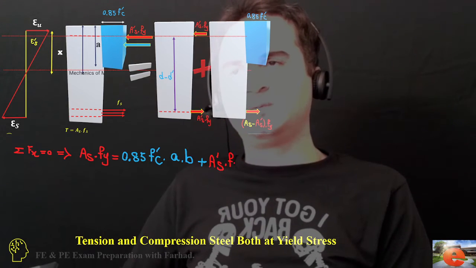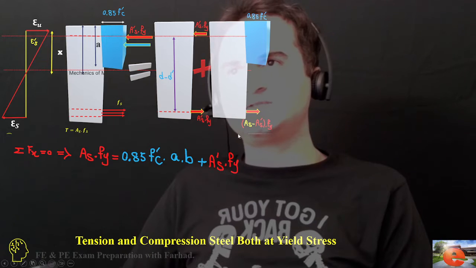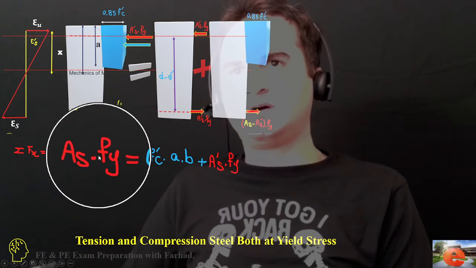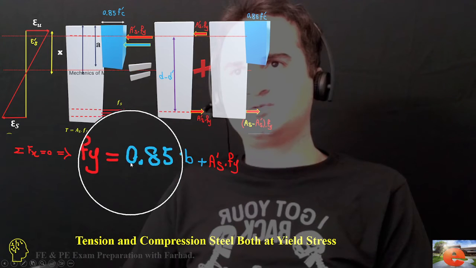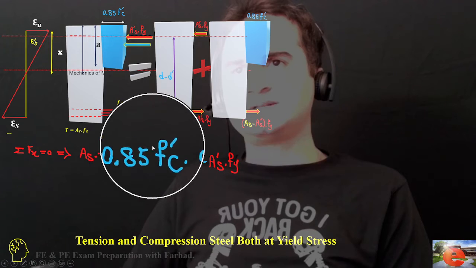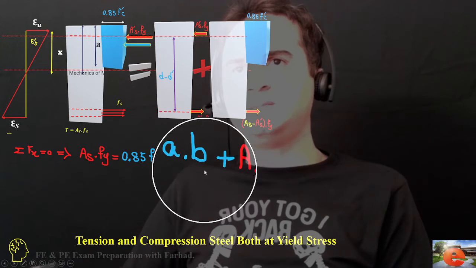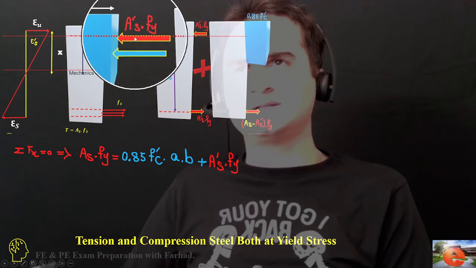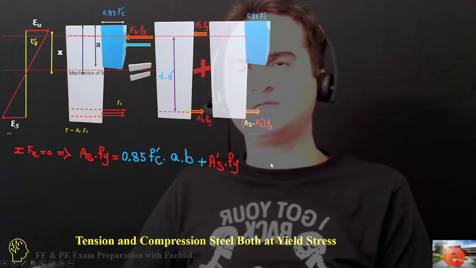If you develop the summation of forces in the x direction, it says A_s times f_y, the tensile force, is equal to 0.85 f'_c times a times b plus the compressive part of the steel, which is A'_s times f_y.